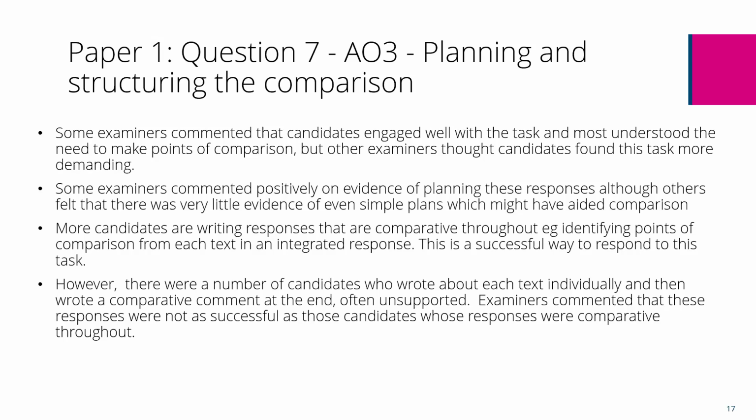Support your answer with examples from both texts. Some examiners commented that candidates engaged well with the task and most understood the need to make points of comparison, but other examiners thought candidates found this task more demanding.